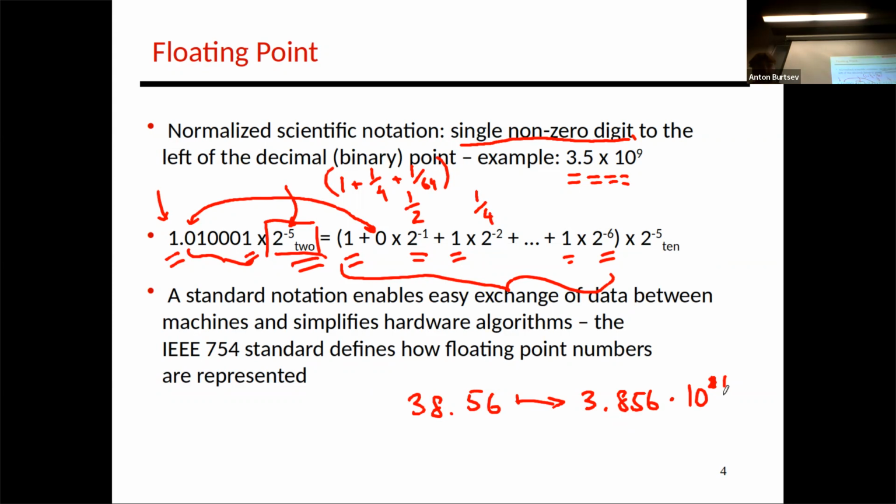Which means that that's your normalized representation, but in practice, you multiply by 10, so you will get 38.56. But you keep all of these things in binary, and I will just go over the details of how it's done. So any questions about why it makes sense?